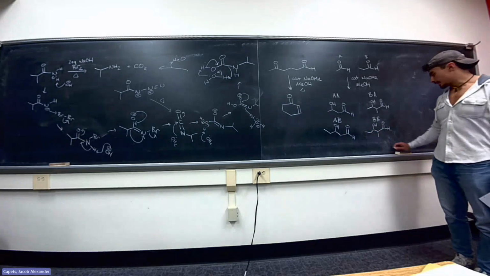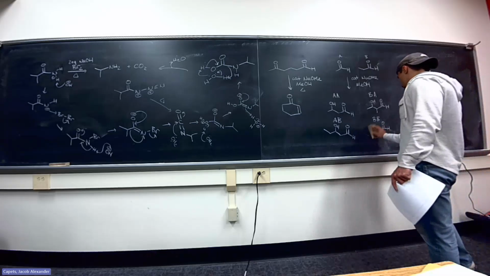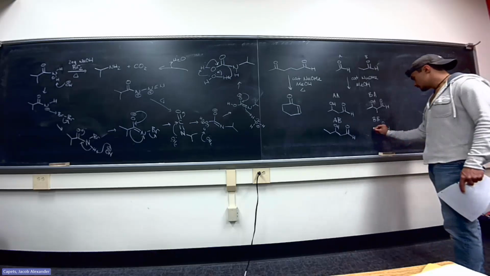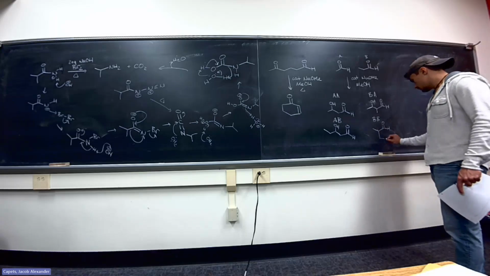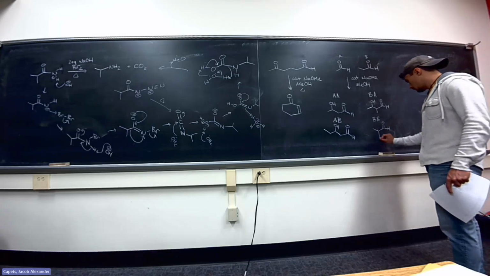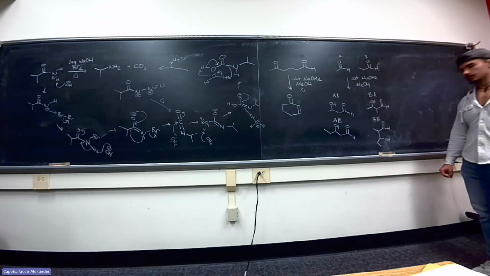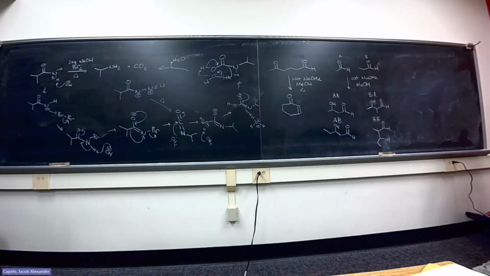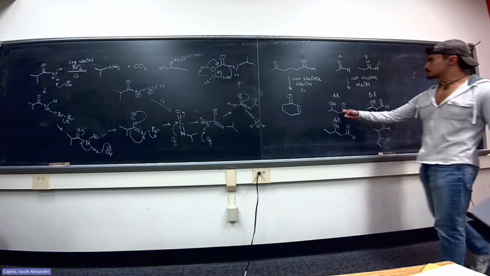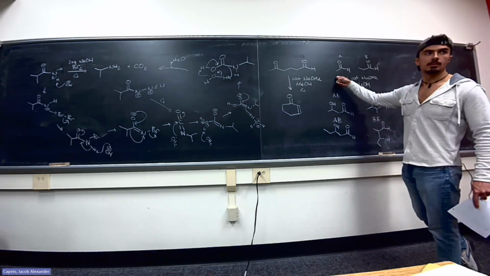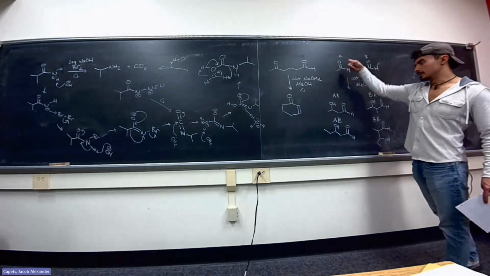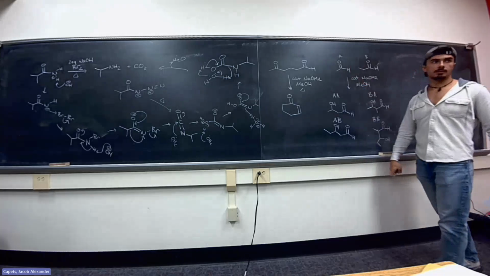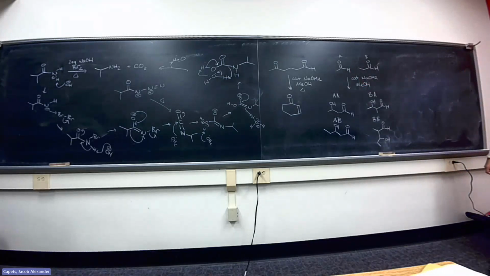I could also write it in a different conformation. Why isn't the methyl group going down in AA and AB? Because this doesn't have a methyl. Oh. This is what you're deprotonating. You make the enolate and use that as your nucleophile on the other thing. It's clicking now. I'm glad.